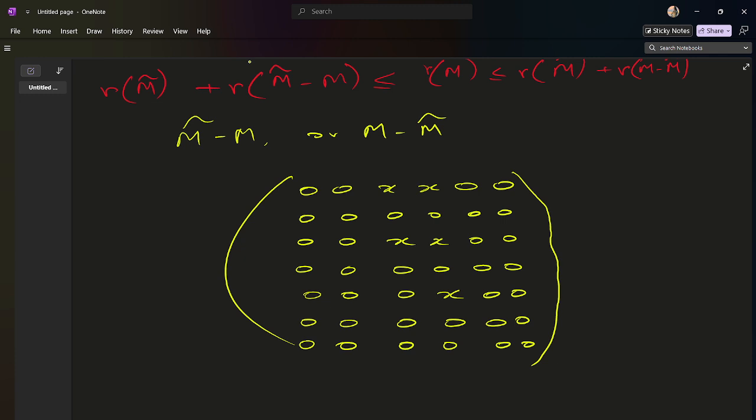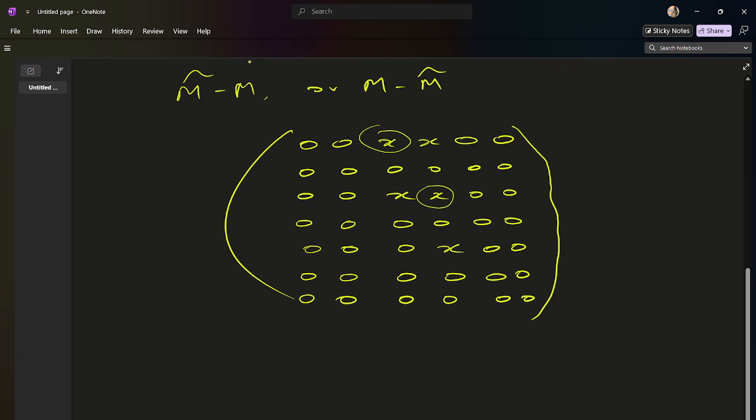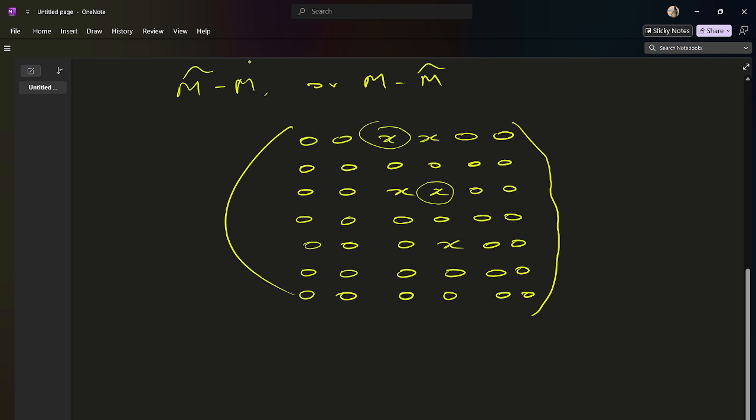So easily we can see that this matrix has these non-zero terms. The matrix M cap minus M, and also M minus M cap, can have non-zero entries in columns 3 and 4 only. So the rank of that will be 2.